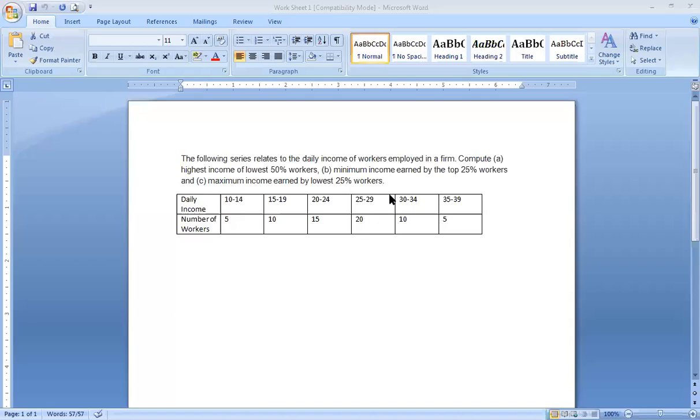So this is the problem where we are going to find the median. The following series, is it visible for you guys? Yes, sir.